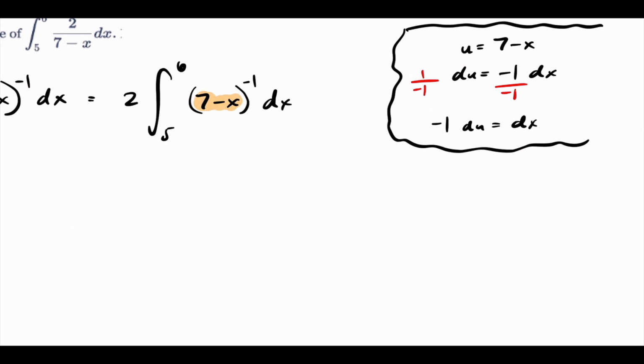Now I'm going to do the substitution part. I have 2, 6, 5, u to the negative 1 power dx. Okay, so what's the antiderivative for u to the negative 1?